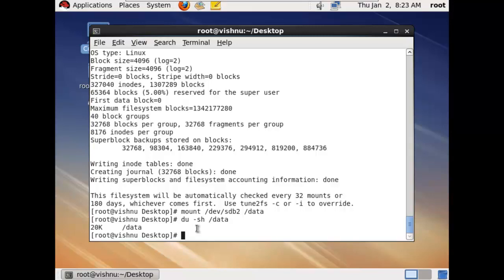So in order to avoid this dismount or unmount after the restart, you have to edit a specific file which is fstab. So you will write here /etc/fstab and press enter.